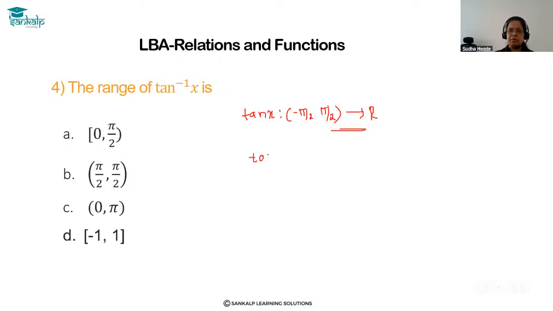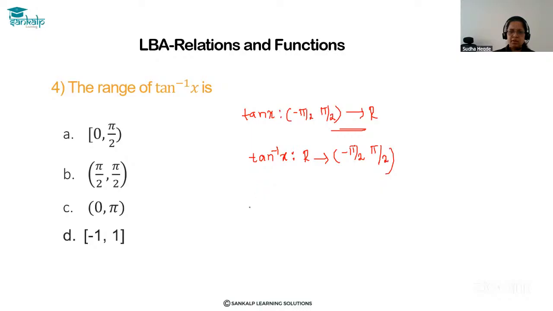Therefore, tan inverse x is from where to where? R to, just interchange domain and range. So, R to open interval minus pi by 2 to pi by 2.